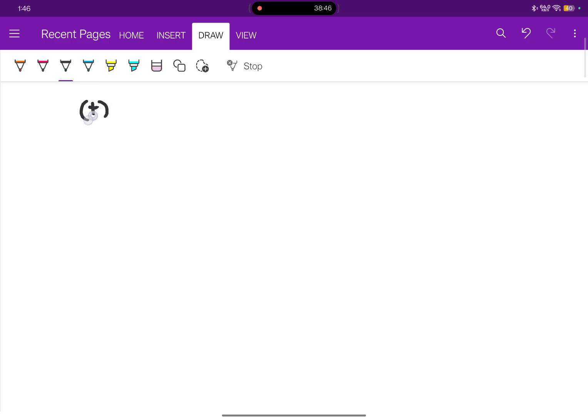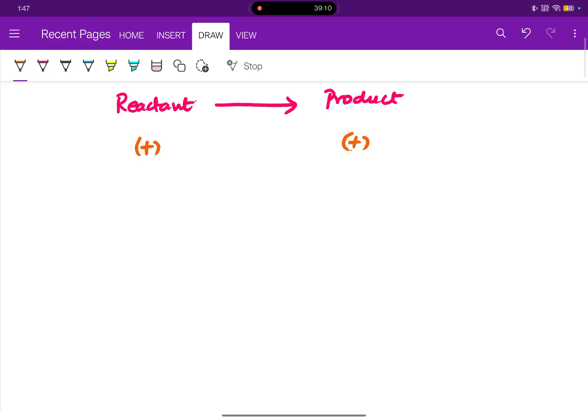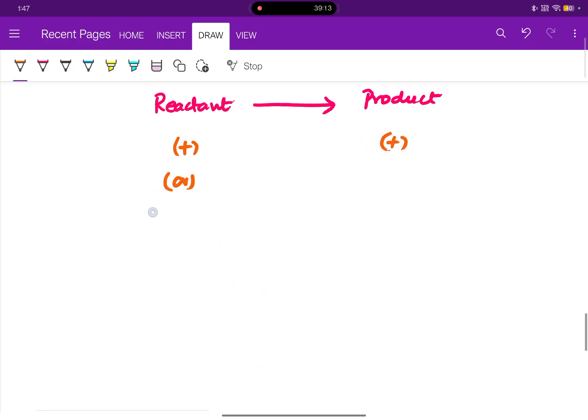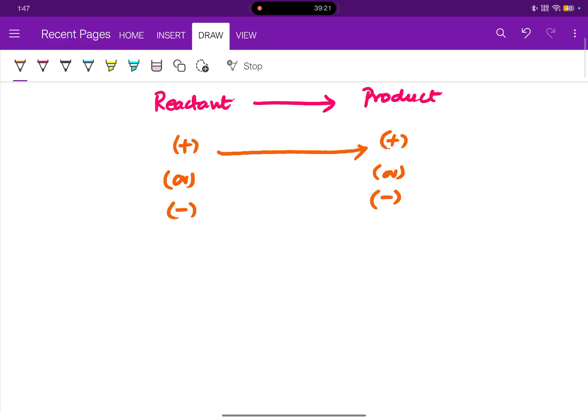So this is a plus isomer that becomes a plus isomer. What do you mean by plus isomer? Nothing, I'm going to talk about a reaction. A reactant is becoming a product. If the optical isomerism of the reactant is plus, the product can also be plus, or it can be minus. And minus can be minus as well. So plus to plus, minus to minus, it can be like this.